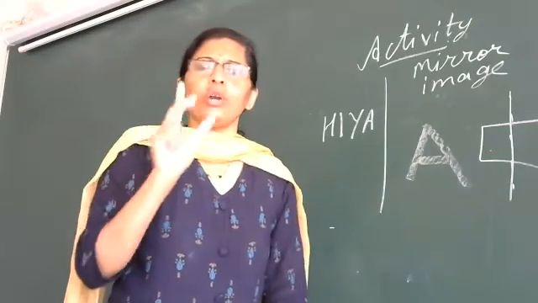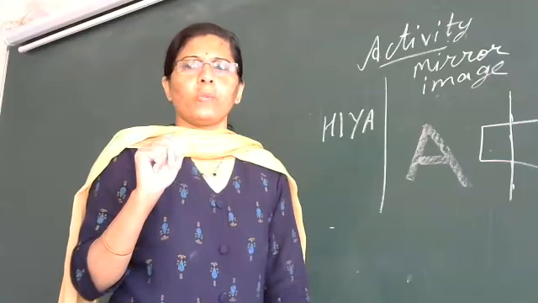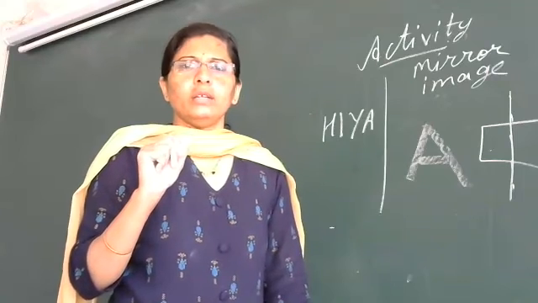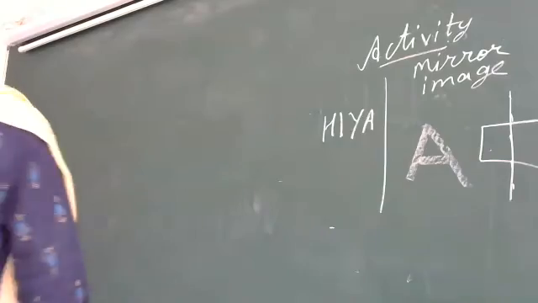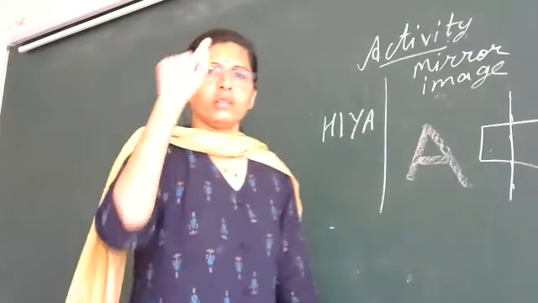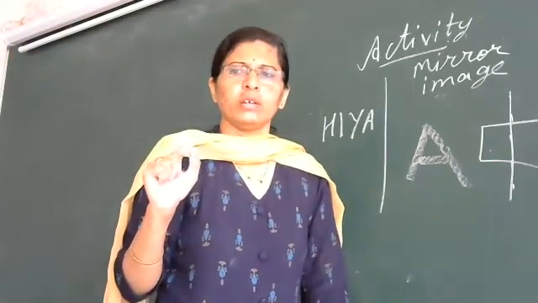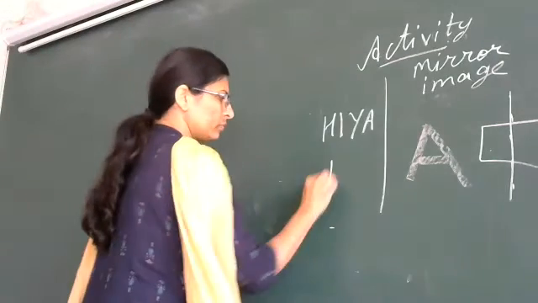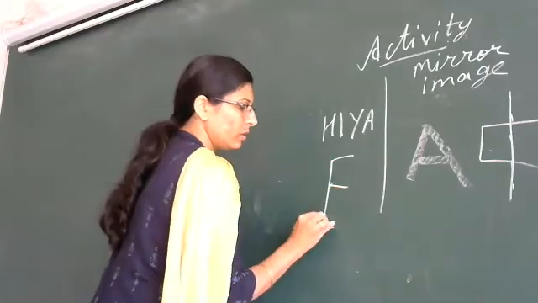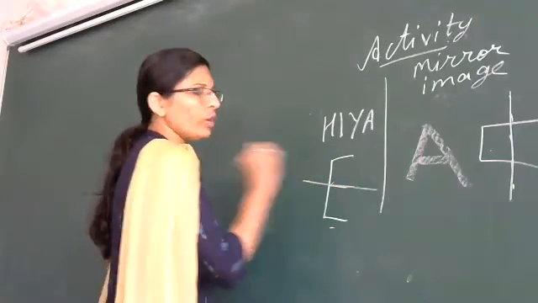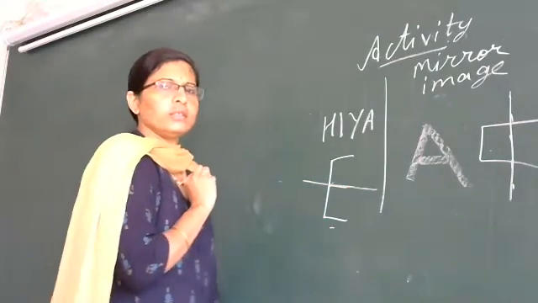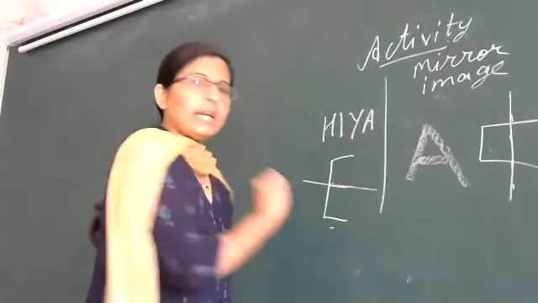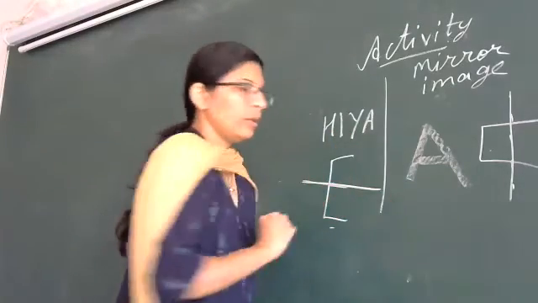You can draw horizontal or vertical also. For exercise 12.2 E, you have to draw only horizontal. Vertical is not coming. Only horizontal.